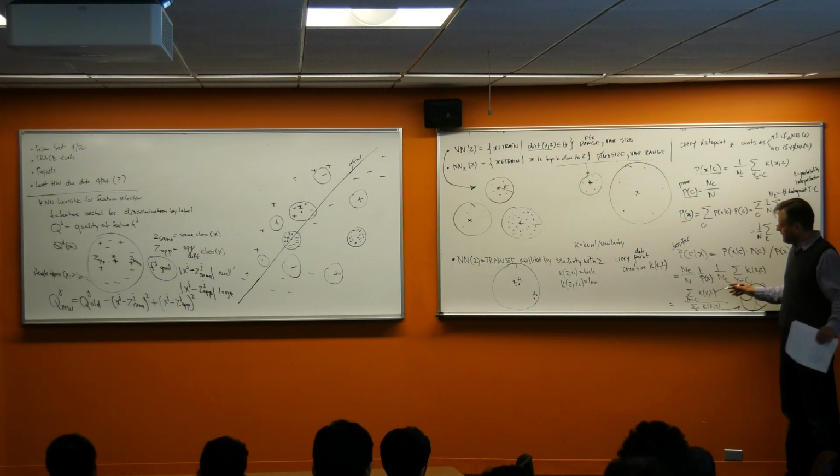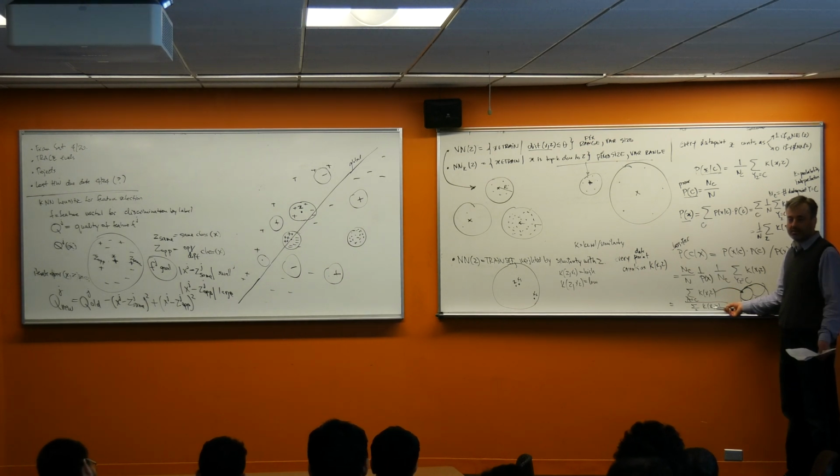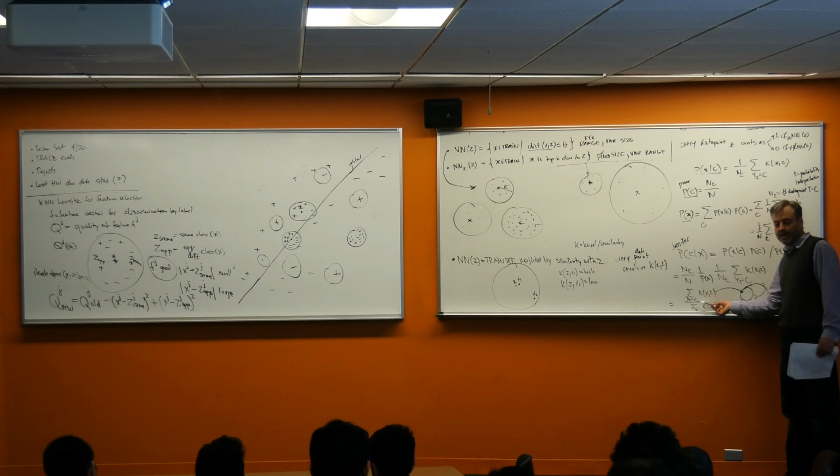It's a small thing. Points very far away from Z will have no contribution, right? Because the numerator and denominator are very close to 0. Whether I include those points or not, I'm pretty much getting the same thing. Points that have high similarity with Z are going to contribute to the denominator, and to the numerator only if they have that class.